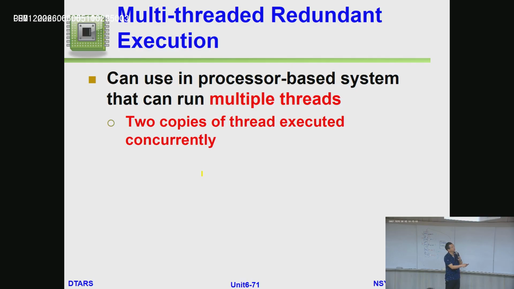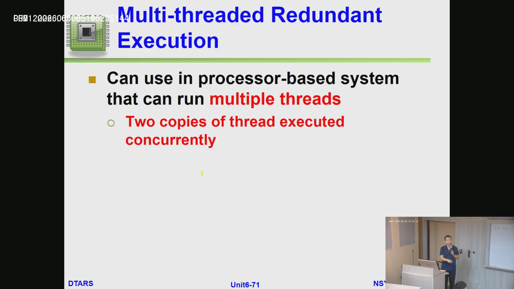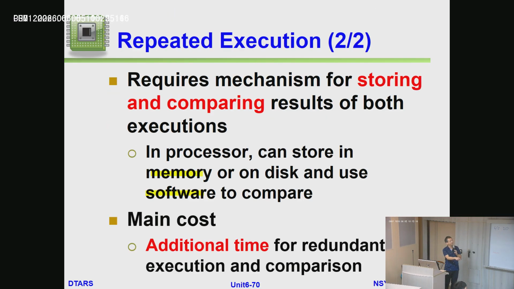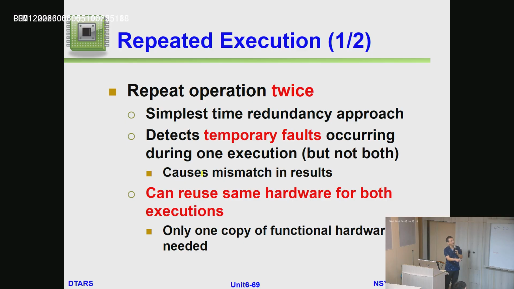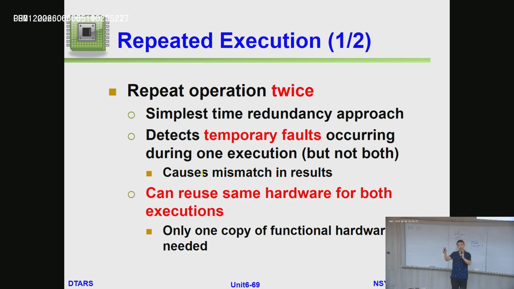We can have another way to compare the results of both executions. We can use the multiple threads of current CPUs. In your CPU, you will easily find that it supports multithreading. So actually, we can use multiple threads to implement this operation twice. Multiple threading is basically a parallel processing method. So you can do the operations at the same time if you put them in different threads.